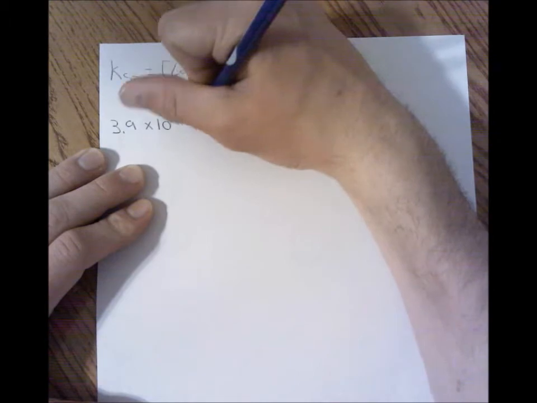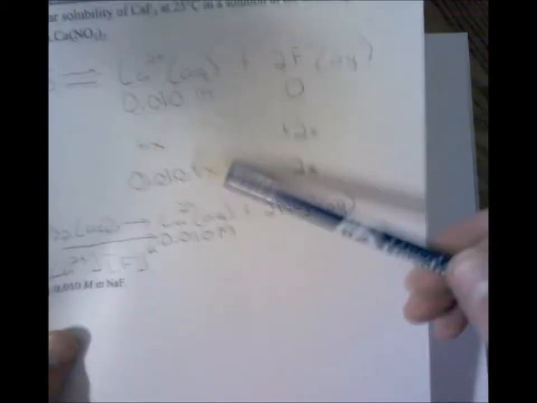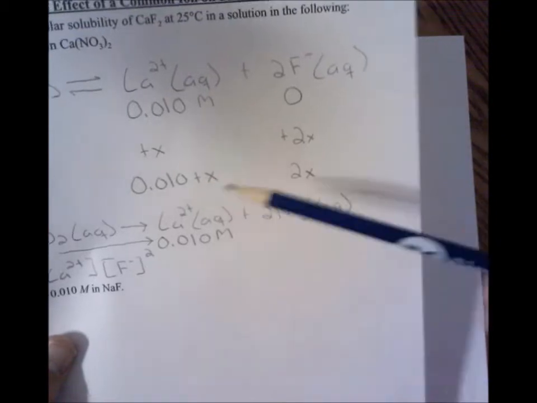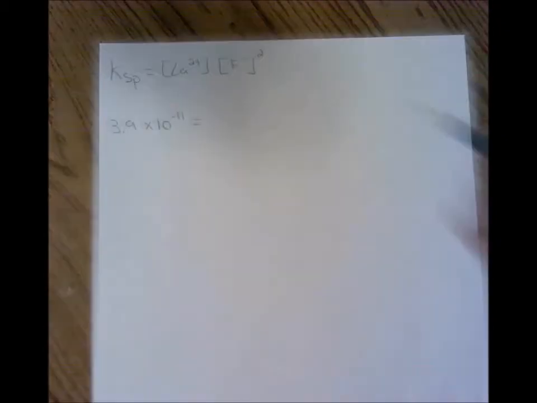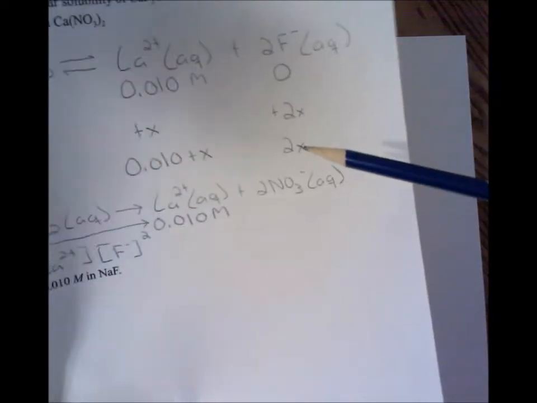Now, what we just established from our ICE chart was that the calcium 2 plus ions at equilibrium is 0.01 plus x. So what I do here is insert this as 0.010 plus x, and then I multiply this by what my F minus was, which if we bring this sheet back over, at equilibrium, this F minus was 2x.